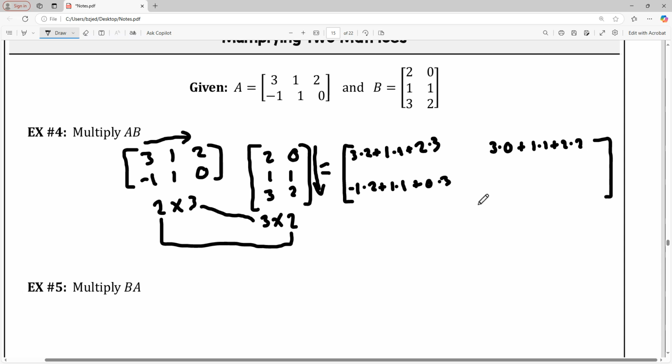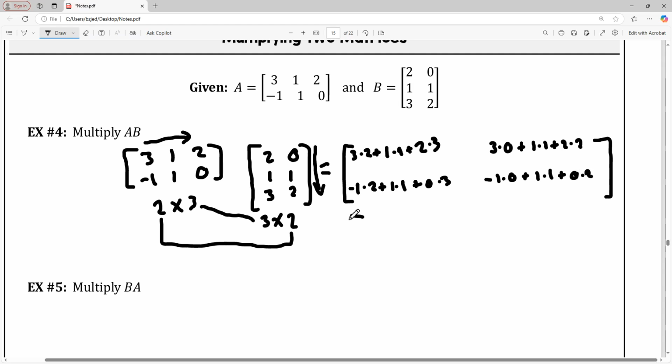And lastly, I'm going to continue the same pattern but for down here. So this last number is in the second row and the second column. So that means I'm going to go to the second row and the second column. I'm going to get -1 times 0 plus 1 times 1, plus 0 times 2.